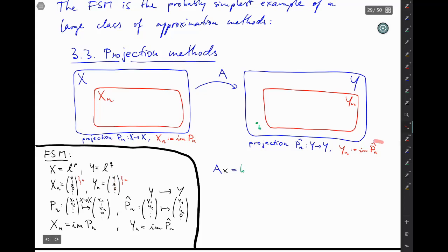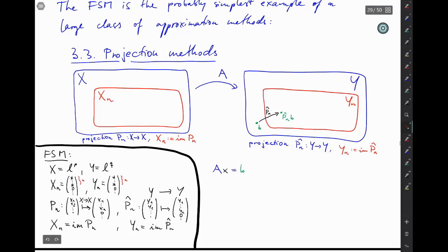Okay, but because Yn is just the image of that projection Pn hat, let's apply Pn hat to our right-hand side b, and that of course brings you into your subspace Yn.